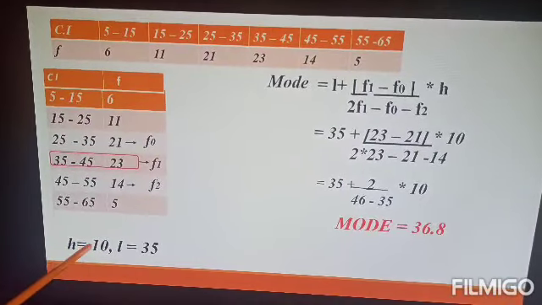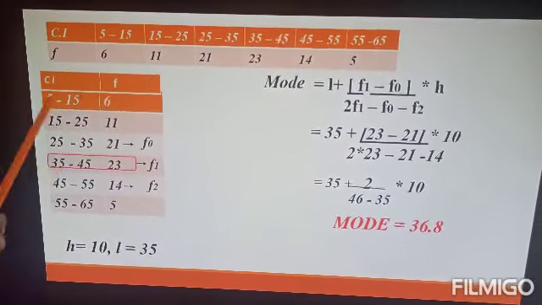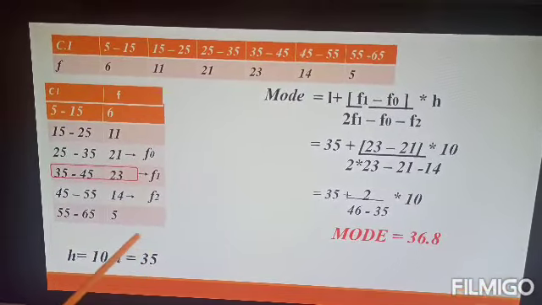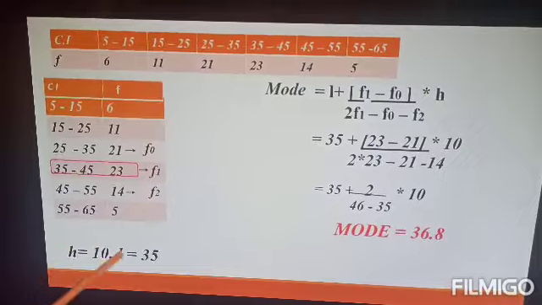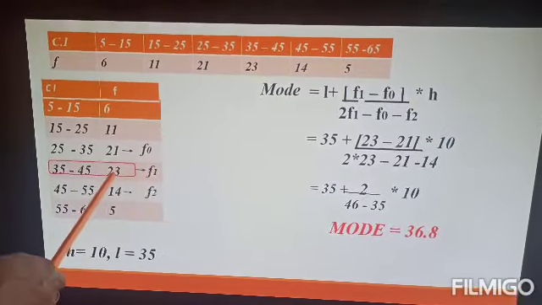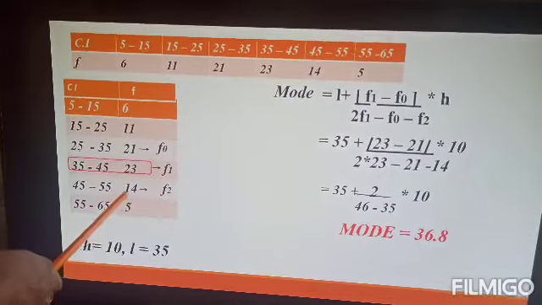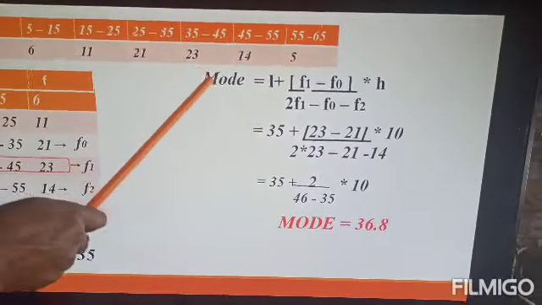That is H. We got from this table H and L. L is the lower limit, H is the size of a class interval. Then F1 is 23, F0 is 21, F2 is 14. Now write the formula.